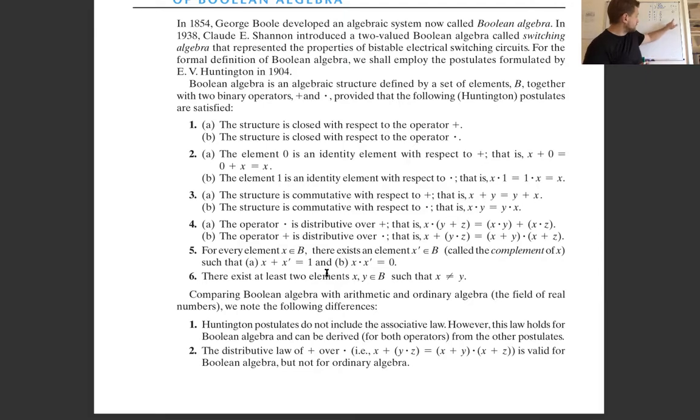The logical question, is at least one of them one, can do the job for us of the binary operator that Huntington postulated.